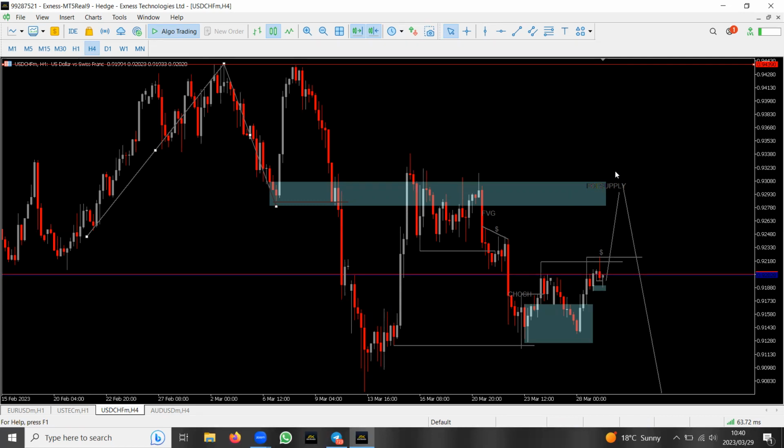So that supply area becomes a demand area, since price would continue to go higher after breaking the supply area. So in a flip zone, supply becomes demand or demand becomes supply. That's the easiest way to understand it. Price breaks, comes back to retest the same zone, and continues.